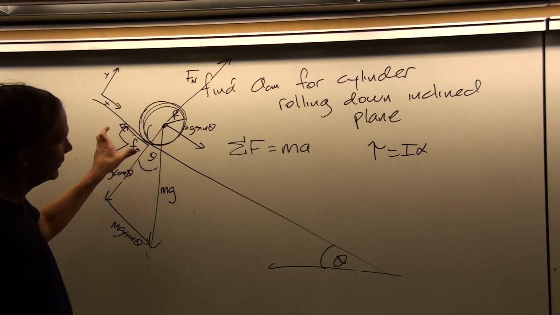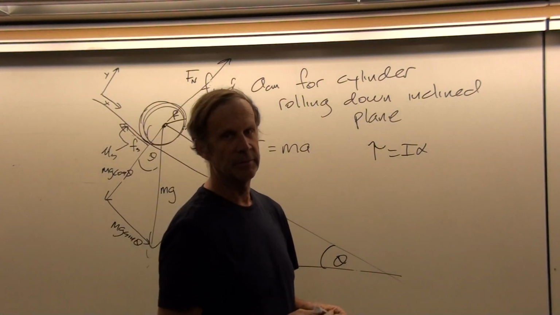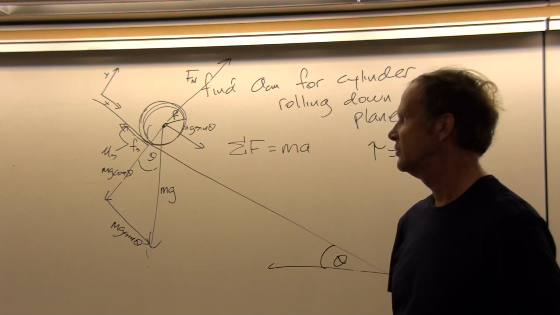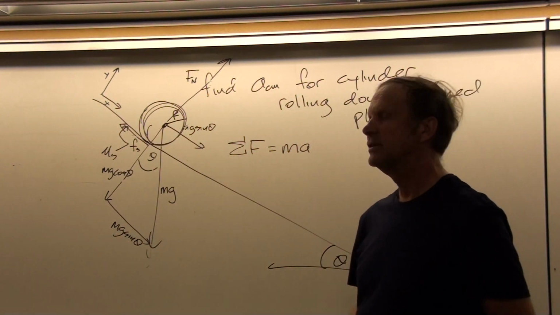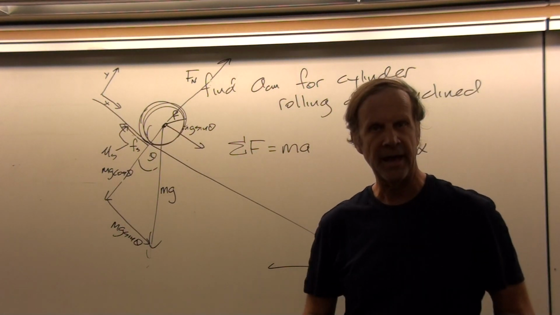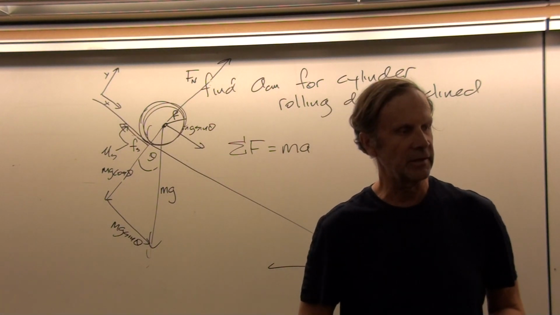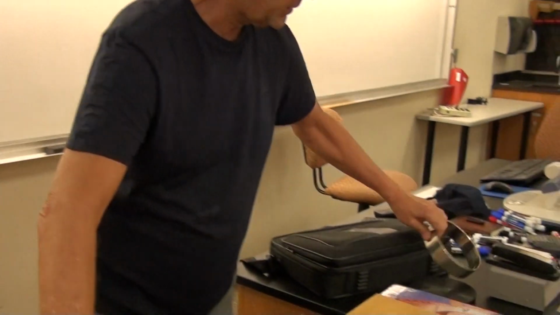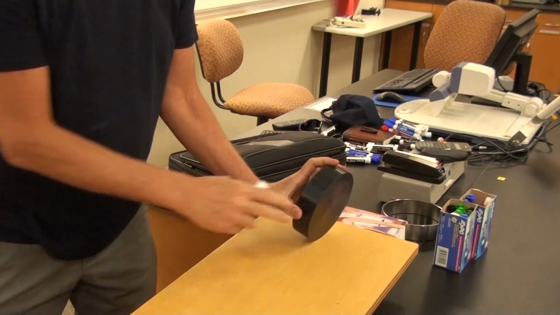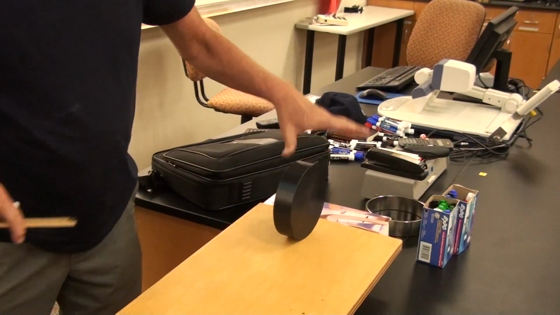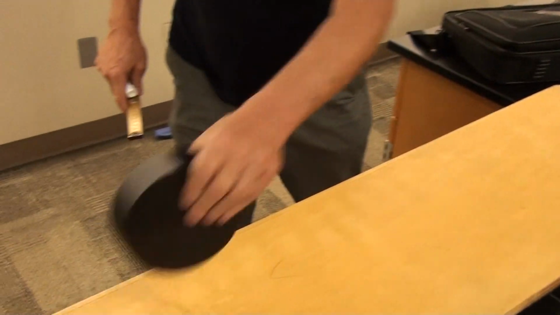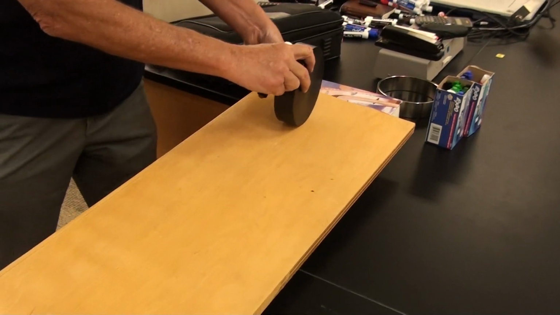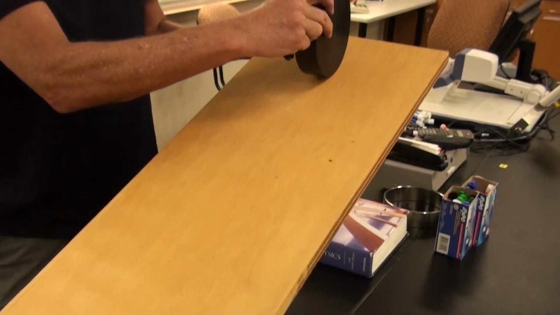So we might wonder then, well, is that F static maximum? Or in other words, the coefficient of static friction times the normal force. And the answer is not in general. When we have this cylinder, and let's just go over to the incline here and take a look at this. When we have the cylinder rolling down the incline, we're not pushing the static friction force to the breaking point until we increase the angle considerably.